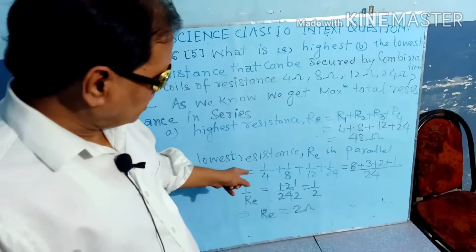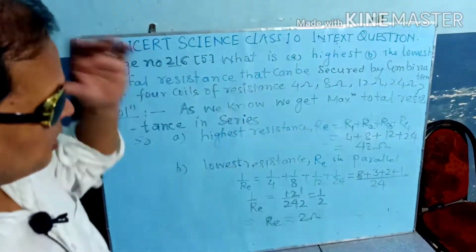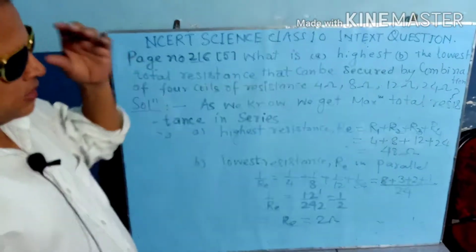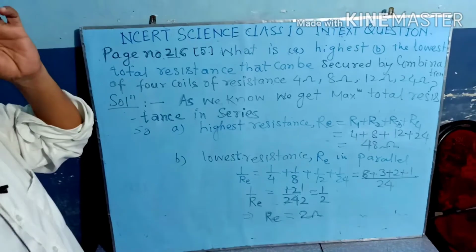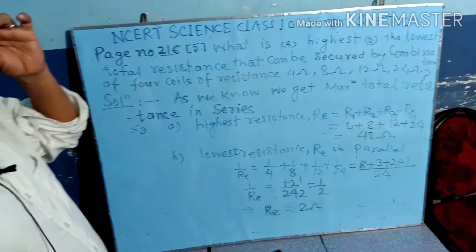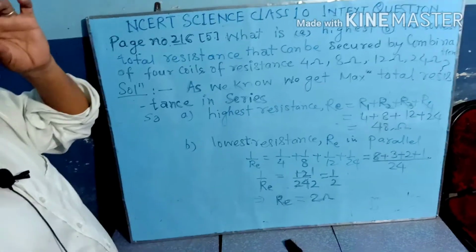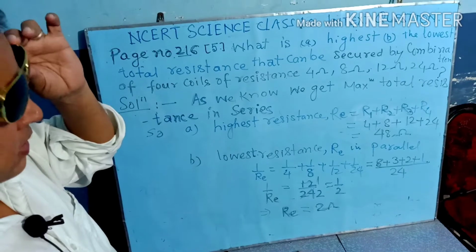It means putting the values, 1 by 4 plus 1 by 8 plus 1 by 12 plus 1 by 24. Find the LCM of all the denominators, you will get 24. Now divide the LCM by the denominators, you will get 6 plus 3 plus 2 plus 1.